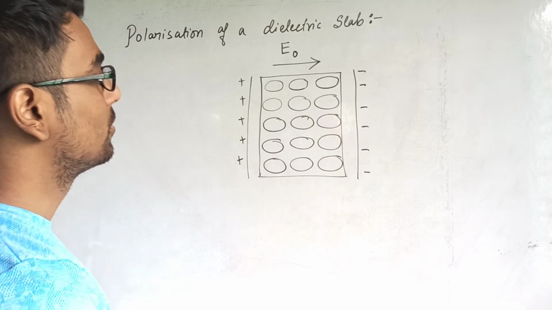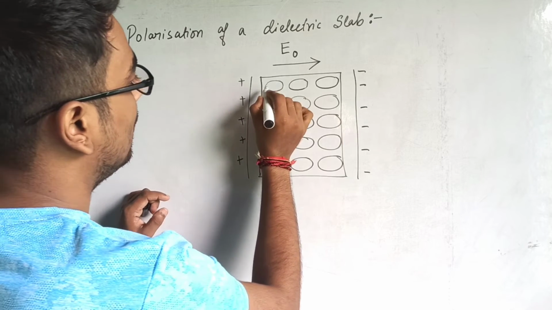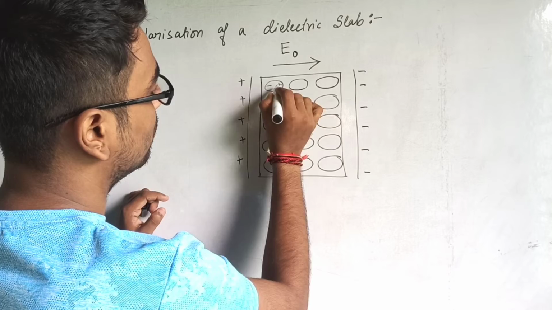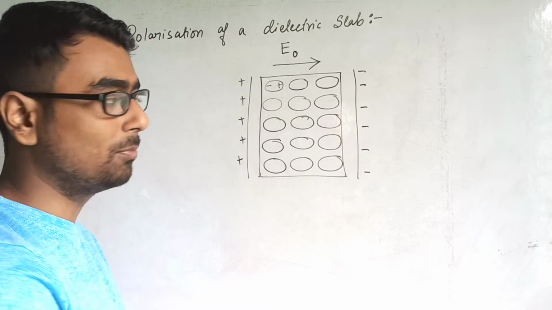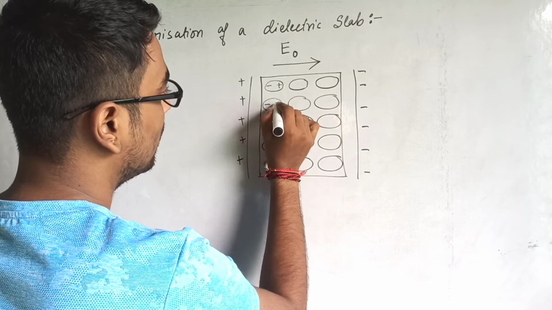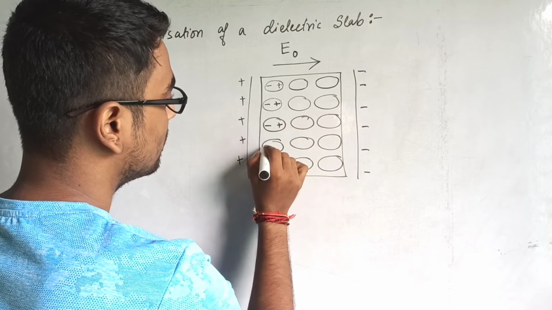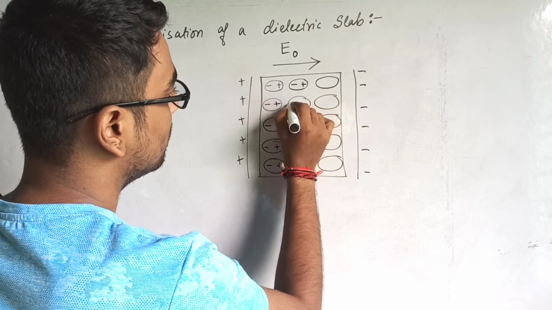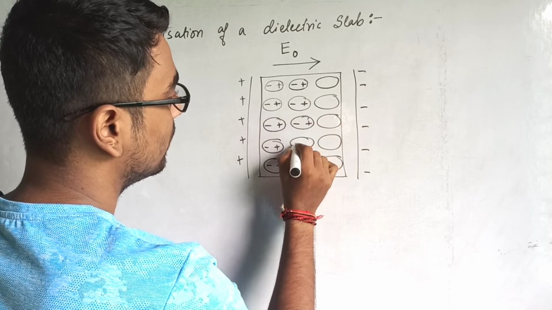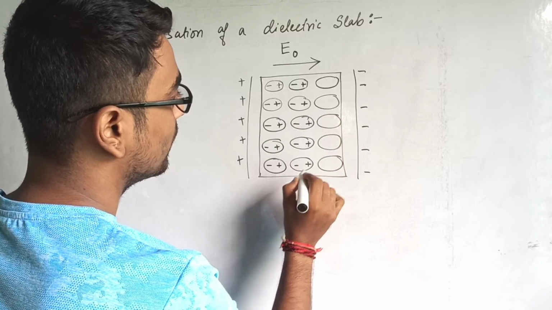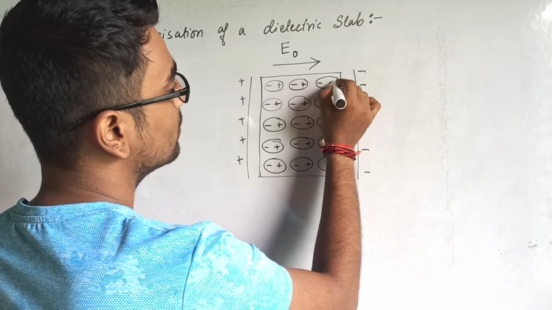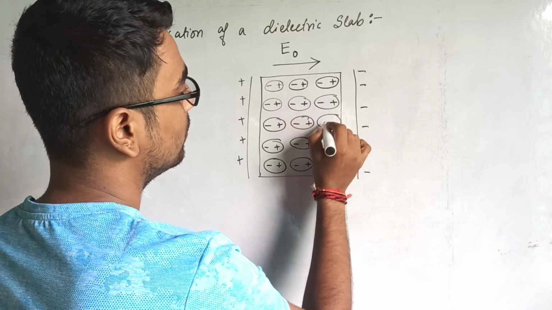Okay. So the negative charge will be attracted toward this side and the positive charge will go on the right side of the atom. Similarly here also minus plus, minus plus, minus plus, minus plus. Here also minus plus, minus plus. Okay. So on the right face also minus, positive.